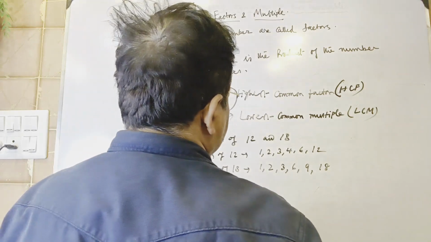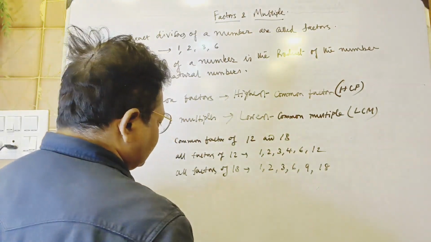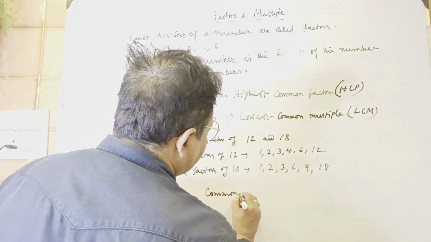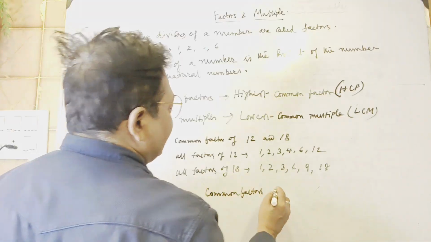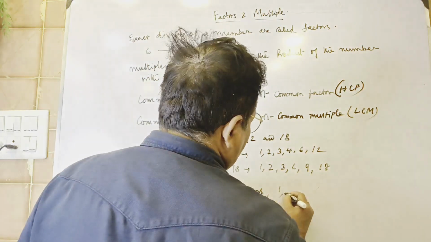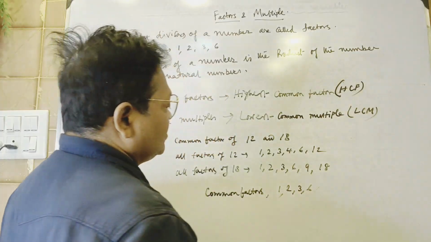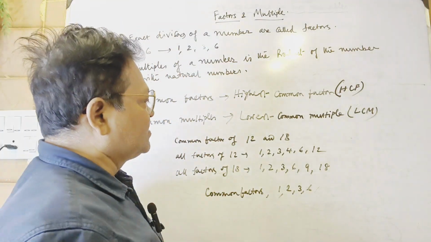Yes, what are the common factors of 12 and 18? You will get 1, 2, 3, 6.